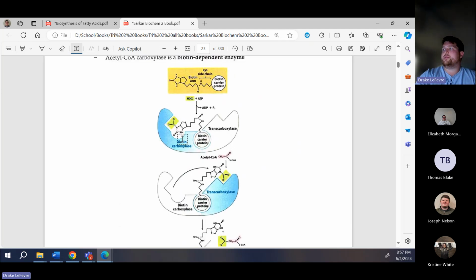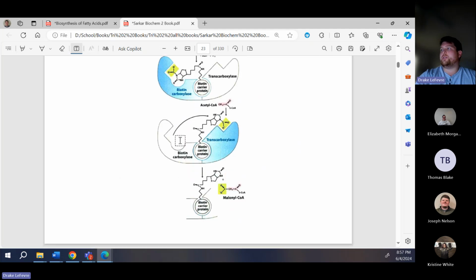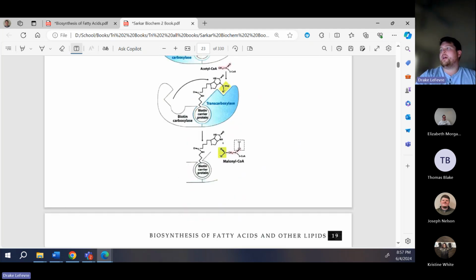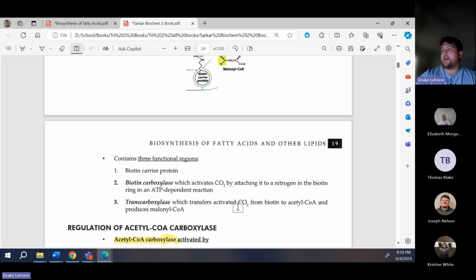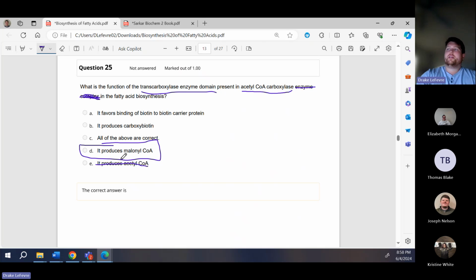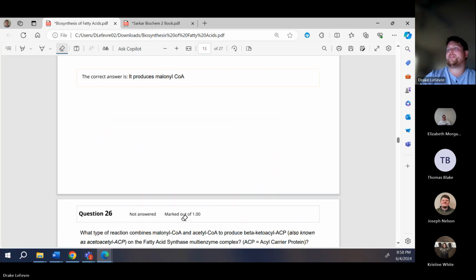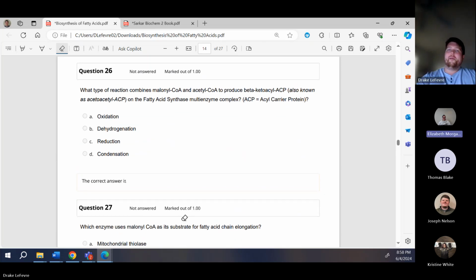It binds in to here, and then acetyl-CoA pops over to here and becomes malonyl-CoA. Our trans-carboxylase transfers the activated CO2 from biotin to acetyl-CoA and produces the malonyl-CoA. So again, it's a 50-50 shot if you guess between malonyl and acetyl-CoA. I like our odds as we continue through these questions as far as guessing goes. Yeah, I'm a fan of it so far.